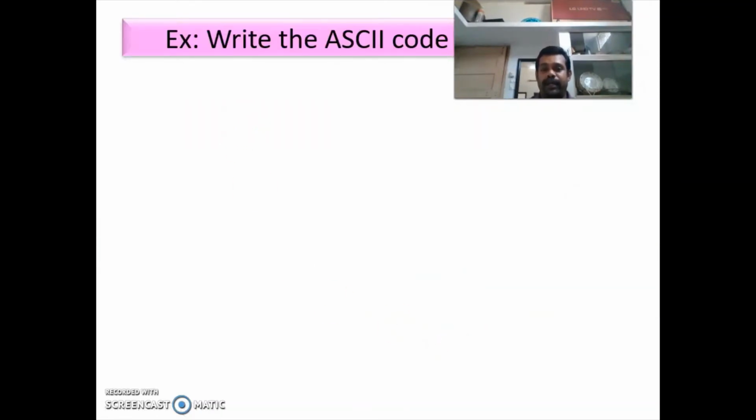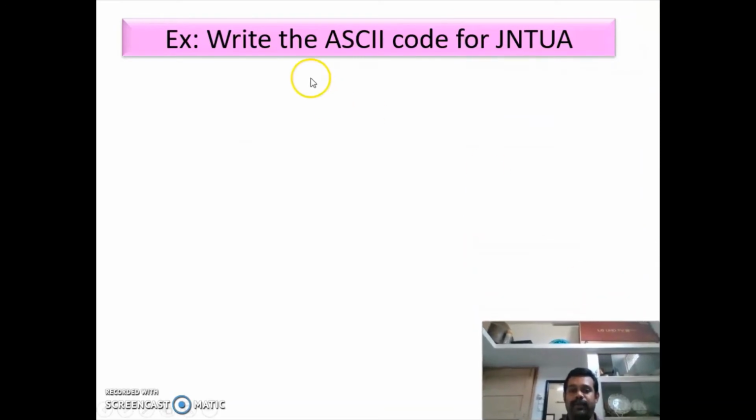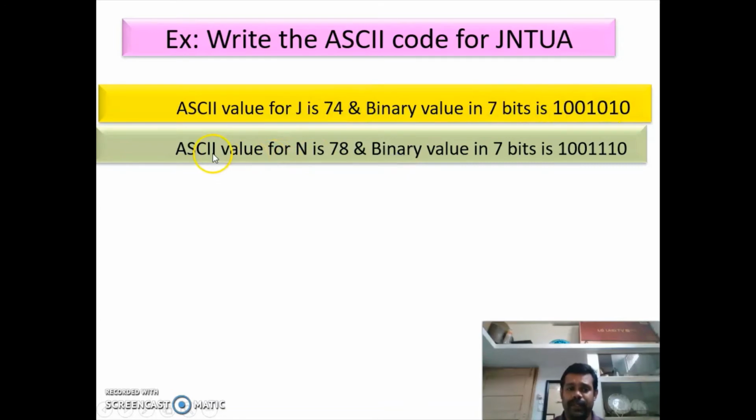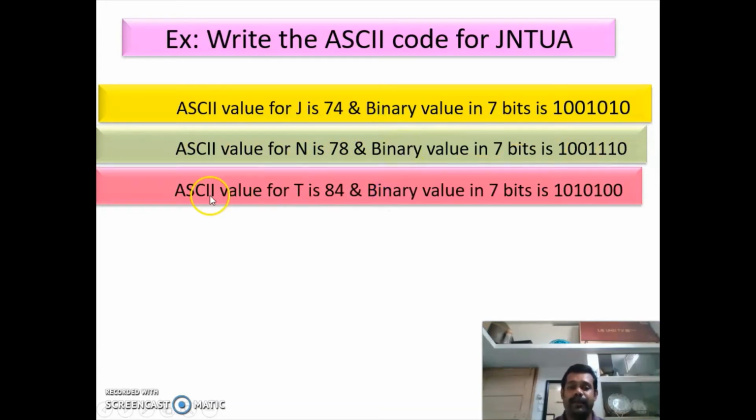Now we are going to write the ASCII code for JNTU-A, that is JNTU Anandpur. The ASCII value for capital J is 74, and we write 74 in binary using 7 bits. The ASCII value for capital N is 78, and this is its binary value. Capital T is 84, written in binary using 7 bits.